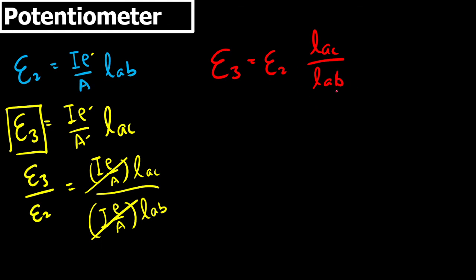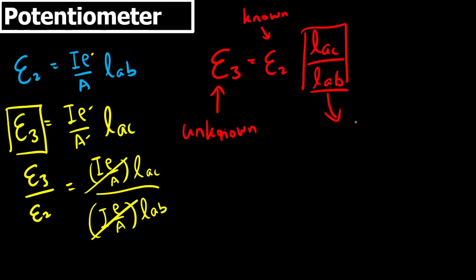So we have just figured out the unknown EMF by using a known EMF and looking at where the galvanometer gives a 0 reading. Okay, so that is all. I'll see you in the next video.